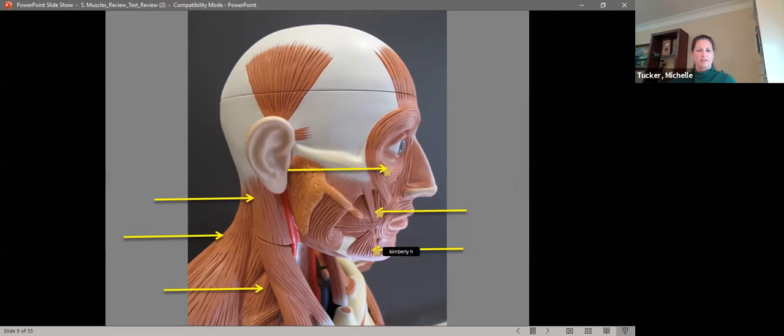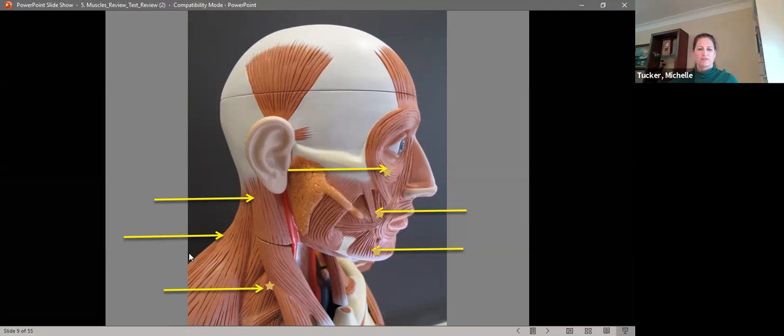And then if we look at our neck joint, we have a muscle that flexes the neck. We have sternocleidomastoid. So this one is actually going to be identifying this muscle here. So sternocleidomastoid. And then we have two that are going to be opposing sternocleidomastoid.